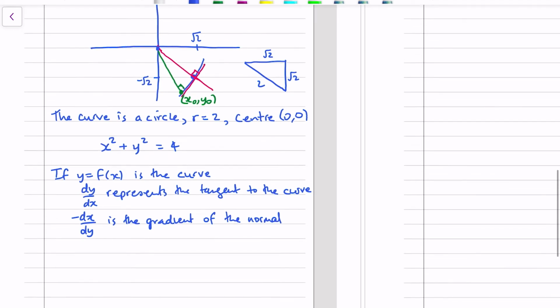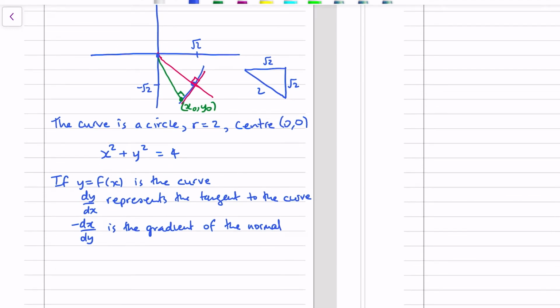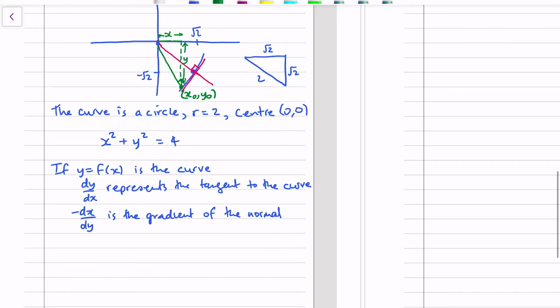And we can also find the equation of this line out from the origin, because this distance here is x, and this distance is y. And rise over run would be y over x.